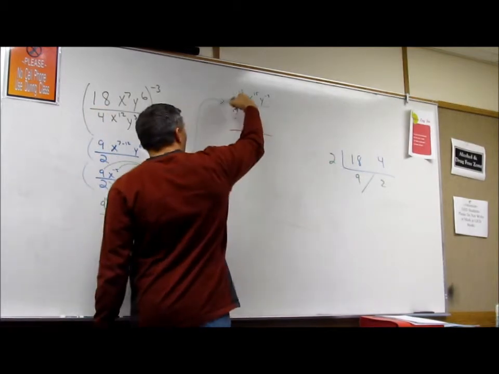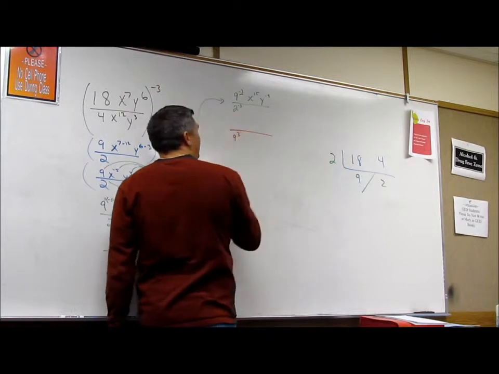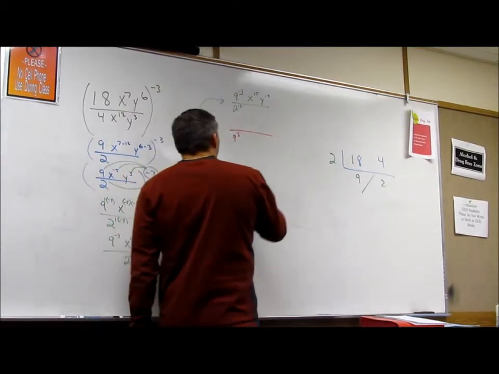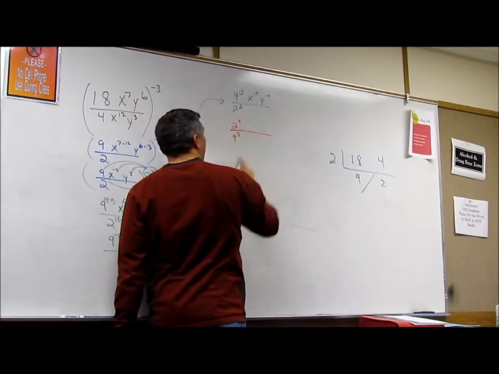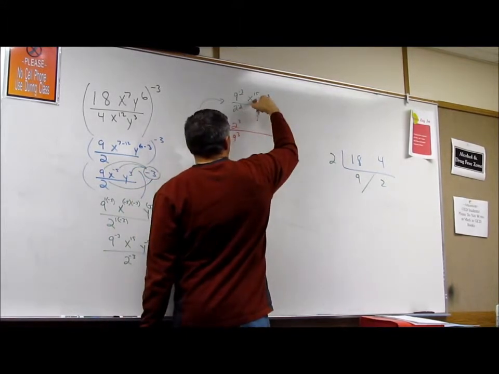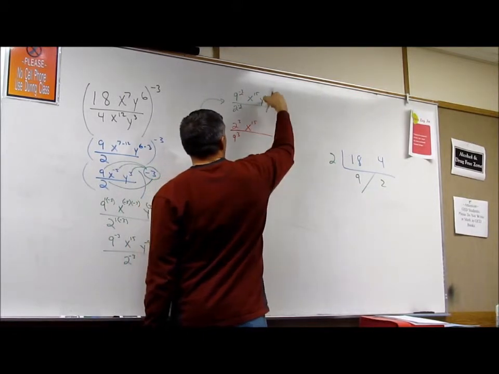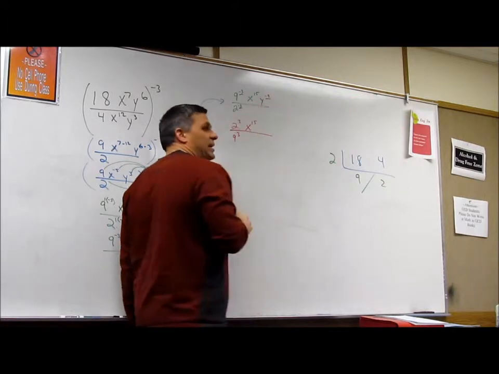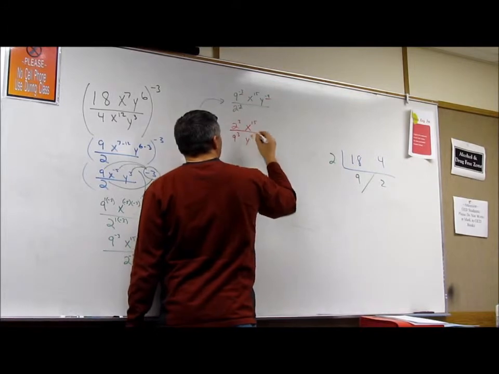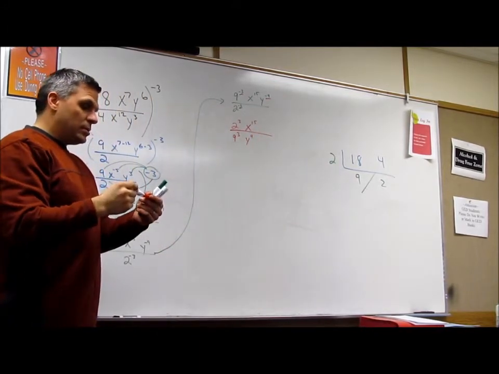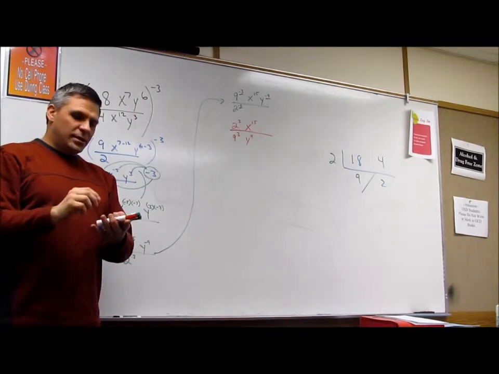So 9 to the negative 3 becomes 9 to the positive 3. 2 to the negative 3 becomes 2 to the positive 3. X to the 15 stays x to the 15. Whereas y to the negative 9 becomes y to the 9. Okay? So now I'm almost there.